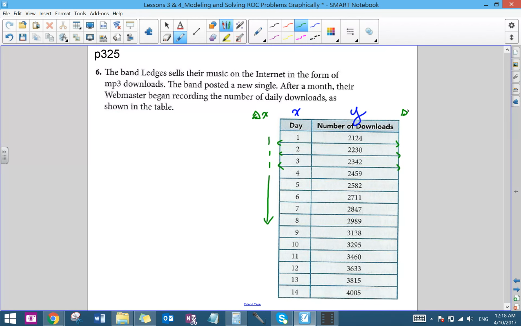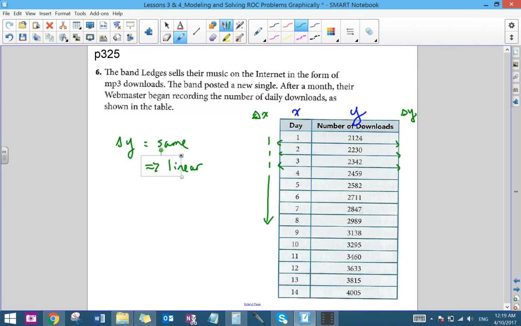We could start by calculating the first differences. We calculate first differences because if they are the same, our conclusion is linear.